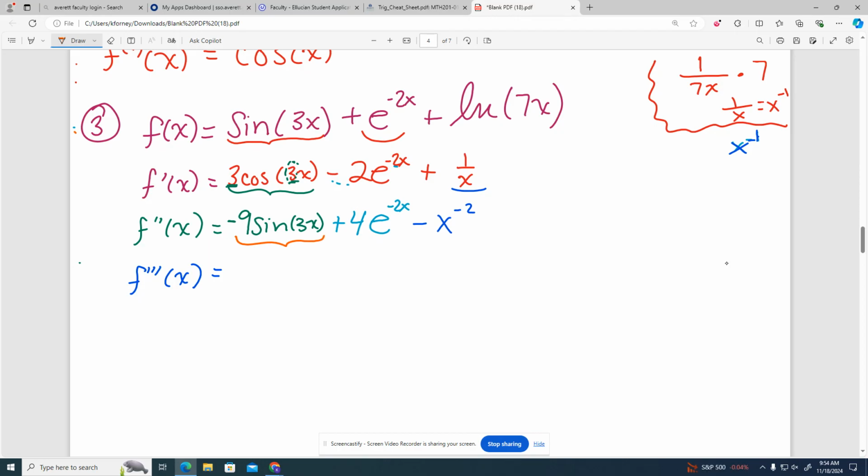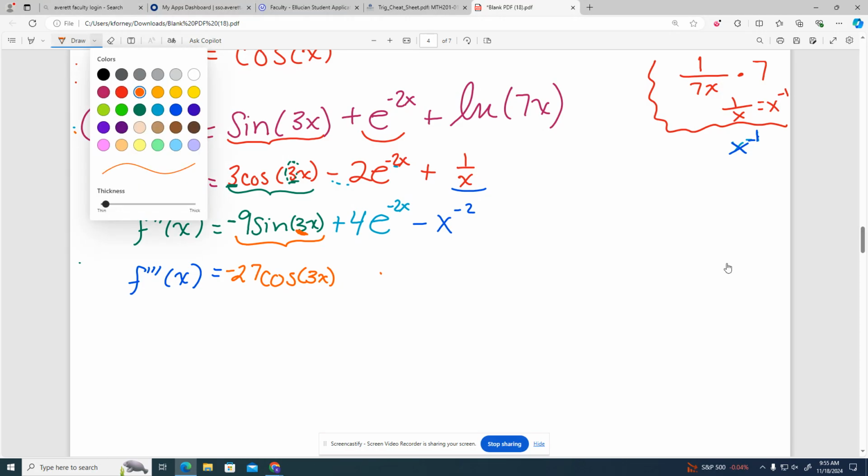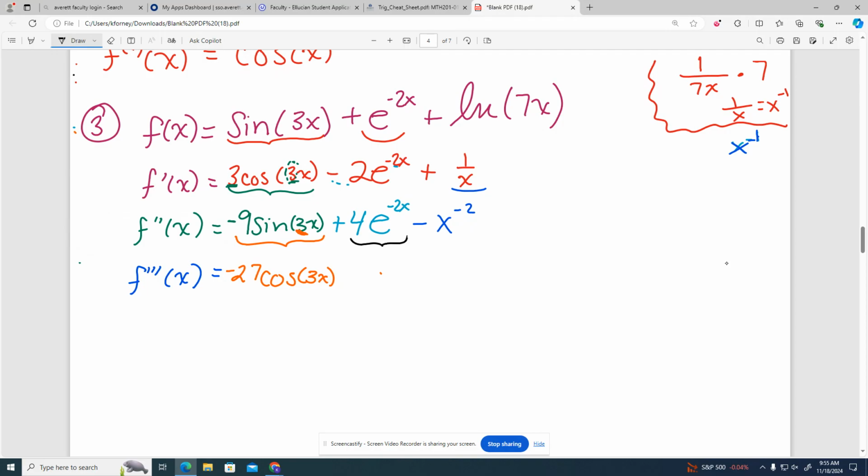Okay, so now applying the chain rule here, the derivative of sine is cosine, and applying the chain rule, the derivative of 3x is 3, times the negative 9 is negative 27 cosine 3x. Then, looking at this, we're going to apply the chain rule again.